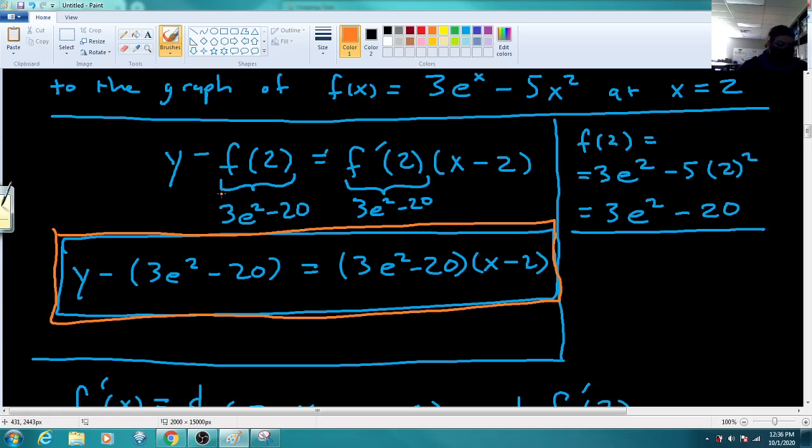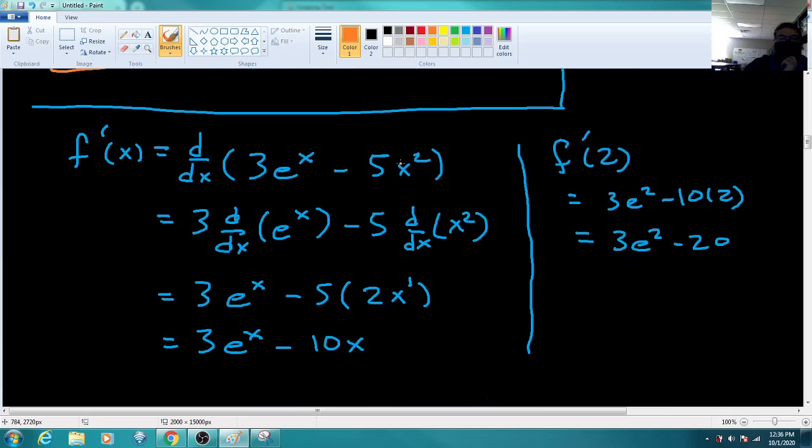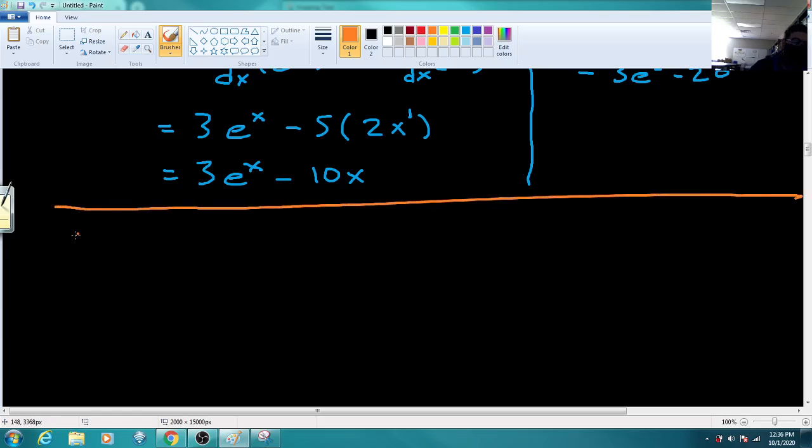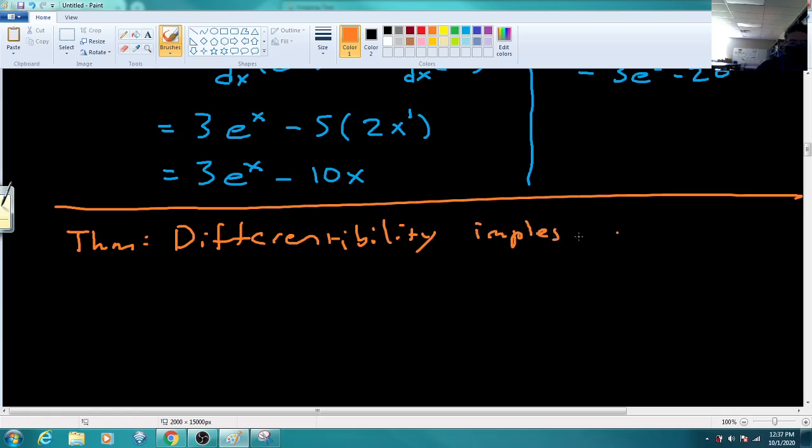Okay, then we have one final thing that we need to look at. We got one last theorem. This last theorem is differentiability implies continuity.